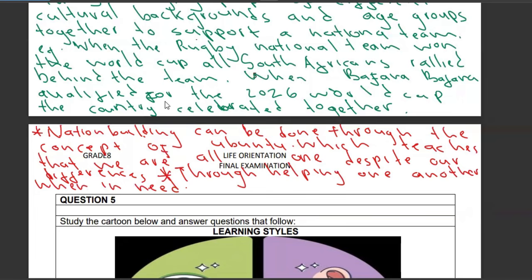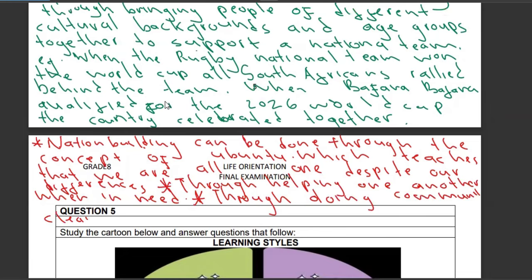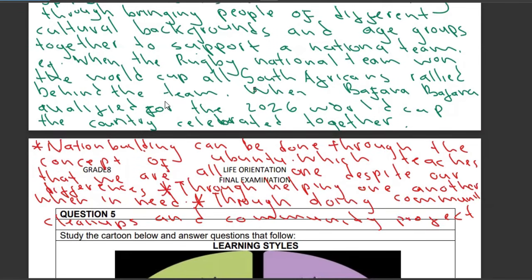In addition to that, it also comes about through doing community cleanups and community projects. So these are the various ways in which a nation can be built.